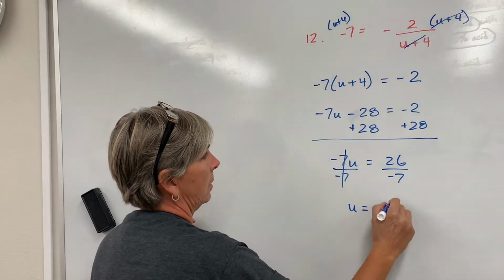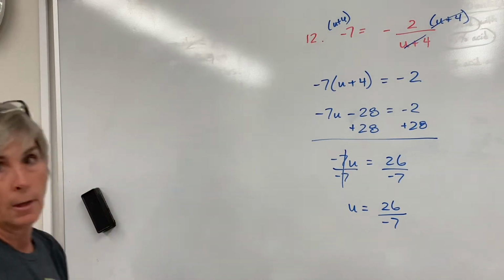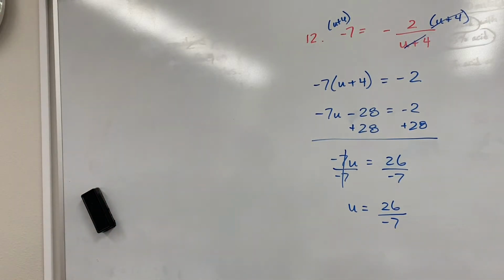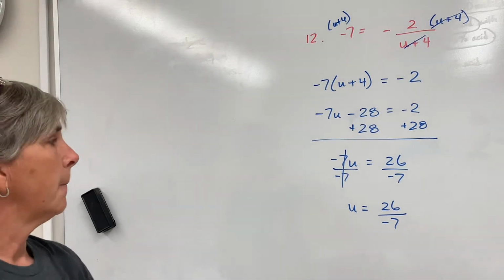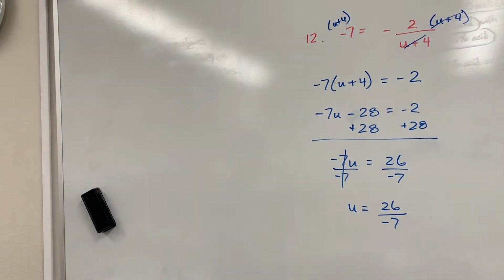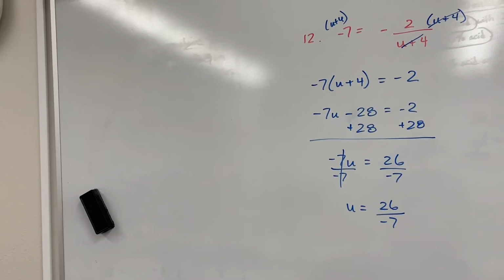And I would just leave it in fraction form, because unless they ask for a rounded decimal, you want to leave it as a fraction. Now, if this could simplify, I would certainly do that. If I didn't know for sure whether it simplified, one quick way of checking is to type in 26 over negative 7 as a fraction in my calculator and see if it reduces for me. But of course 7 is prime and 7 does not go into 26, so therefore that is reduced.